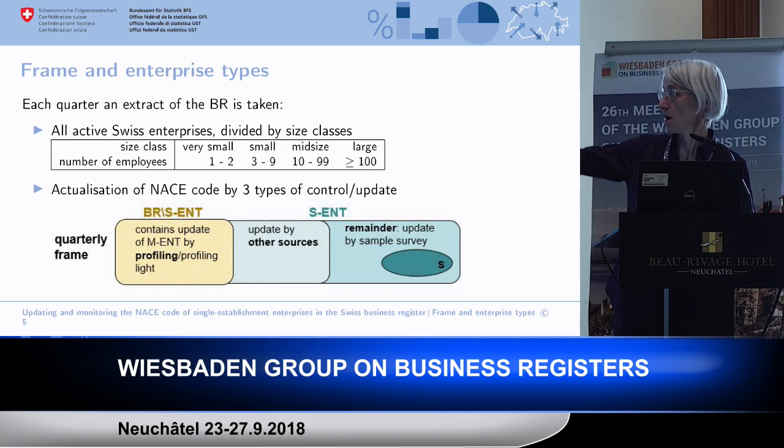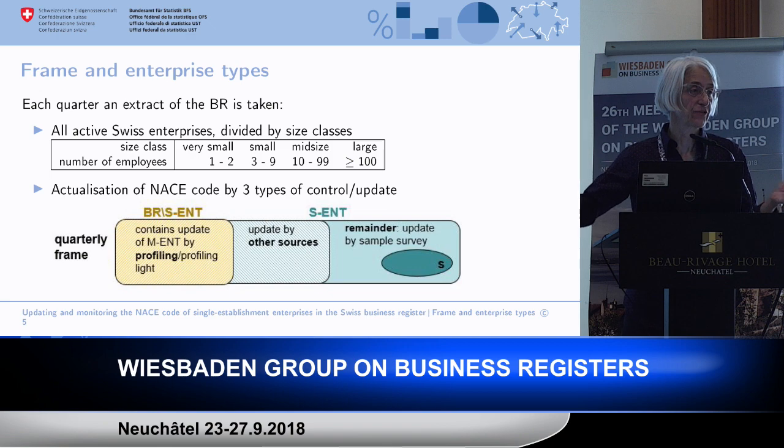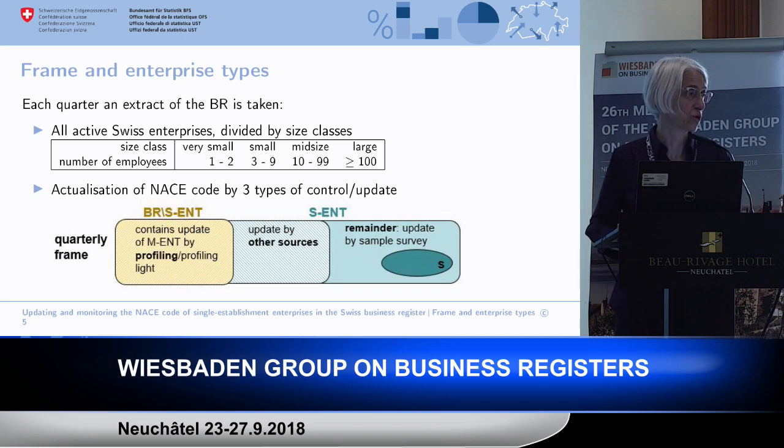And so a lot of enterprises, you have seen the numbers, are in the middle part. And if we have more means to have enterprises controlled by other sources, the middle part will grow and the right part will become smaller. But always it is handled by this system of random numbers.